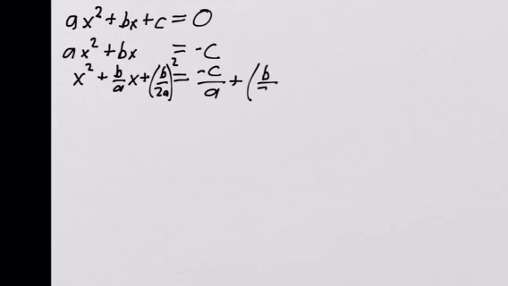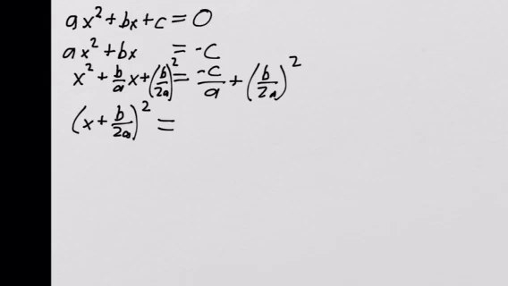B over 2a squared. So now go ahead and factor the left-hand side. So x plus b over 2a squared.